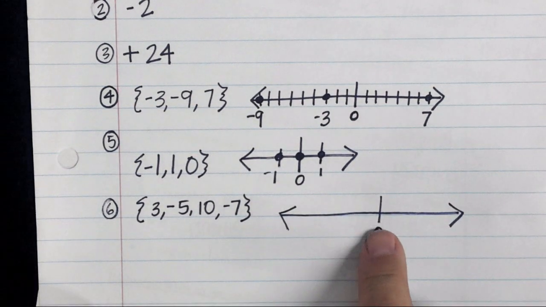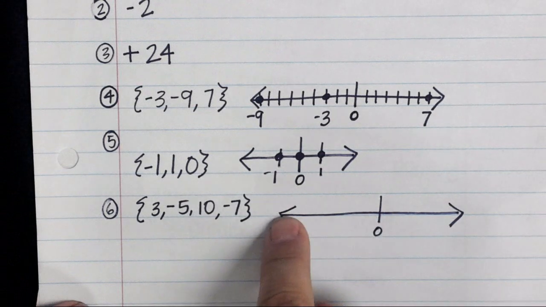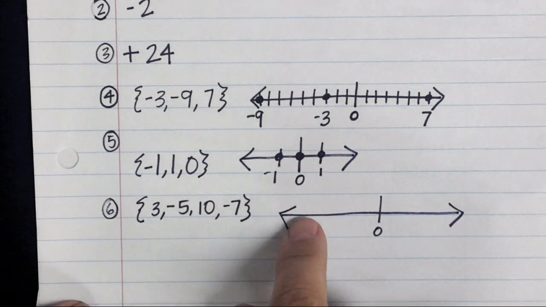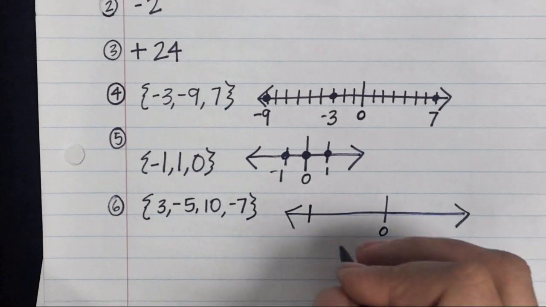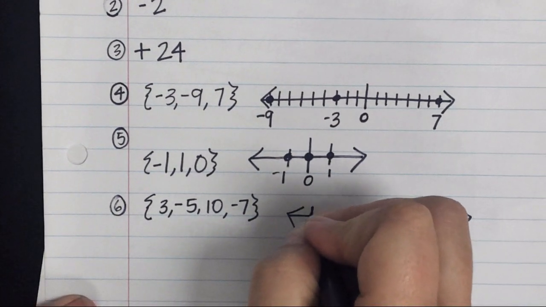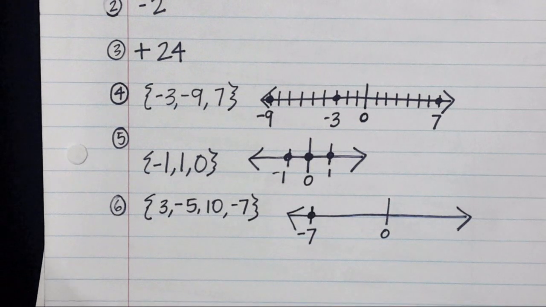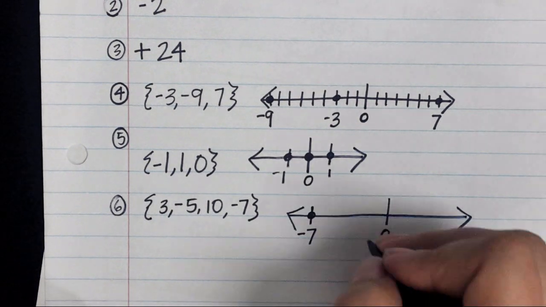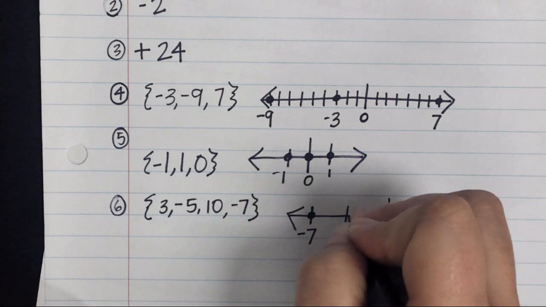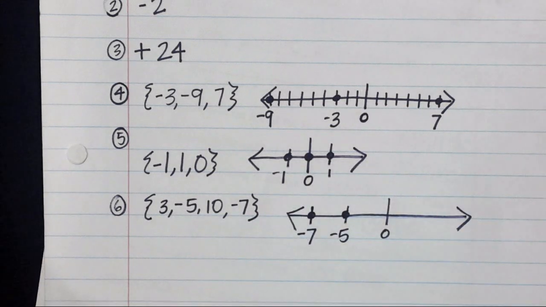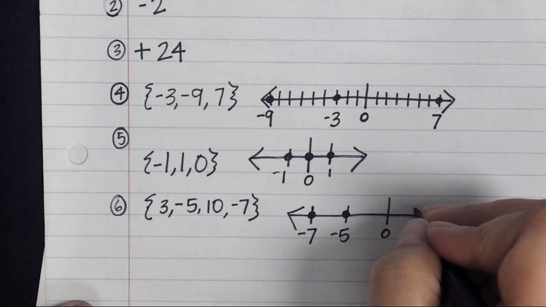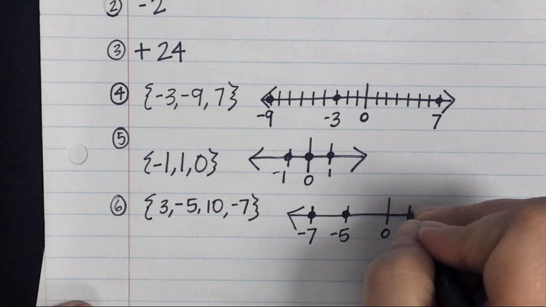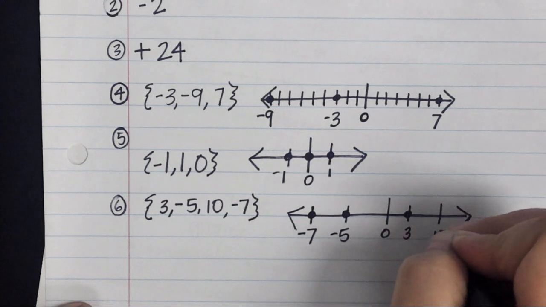Instead of doing 10 lines up here and 7 lines this direction, I'm going to start with my smallest value: negative 7. What comes after negative 7? Negative 5. Do I have any other negatives? Nope. What do I have that's positive? 3, and then 10.